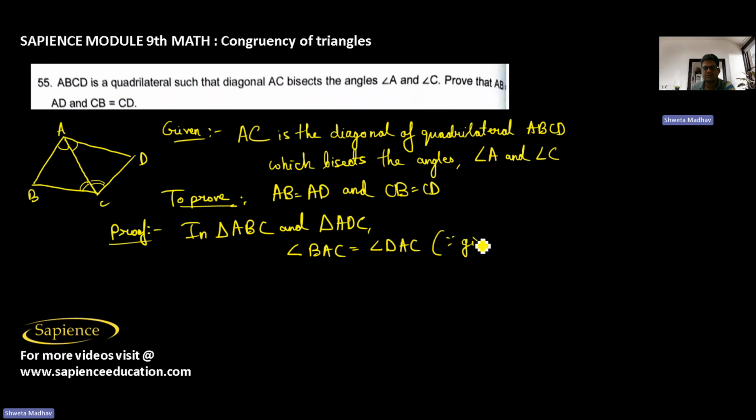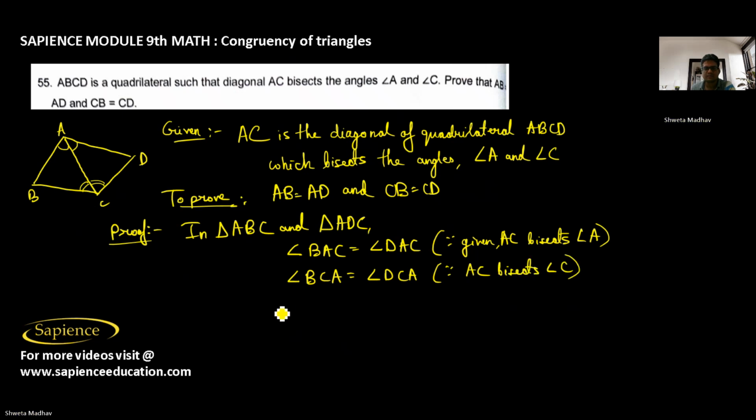It is given that AC bisects angle A. Similarly, I can say that angle BCA equals angle DCA, since it is given that AC also bisects angle C, and we can see that AC is the common side.